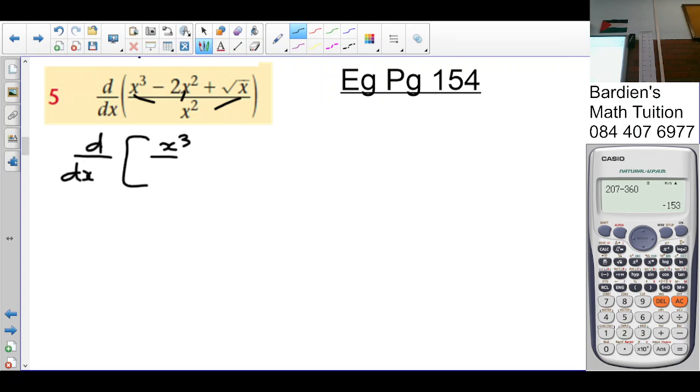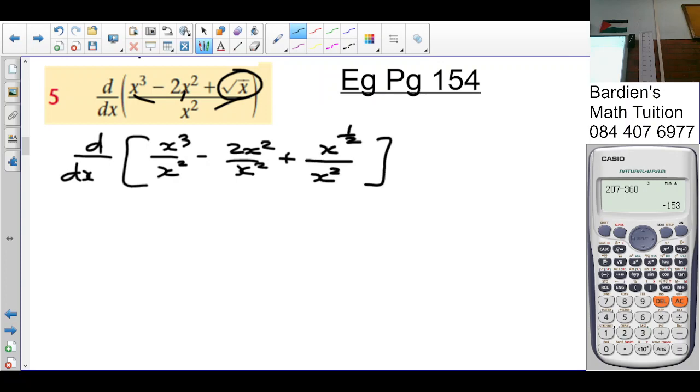So it's x cubed over x squared minus 2x squared over x squared plus. Now the square root of x can be written as what? X to the exponent 1 over 2. Not so? That's over x squared. Simplify.